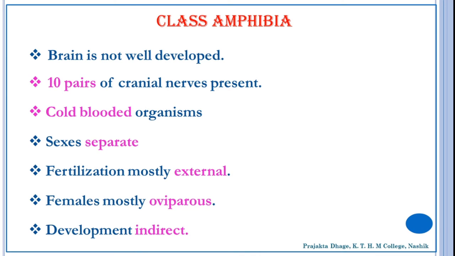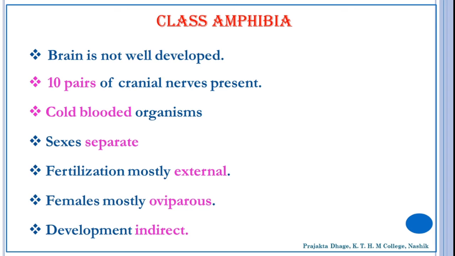They are poikilotherms, or cold-blooded organisms. In these organisms, the sexes are separate, right? That means male and female are different. Now the males are without copulatory organs. Gonoducts open into the cloaca.